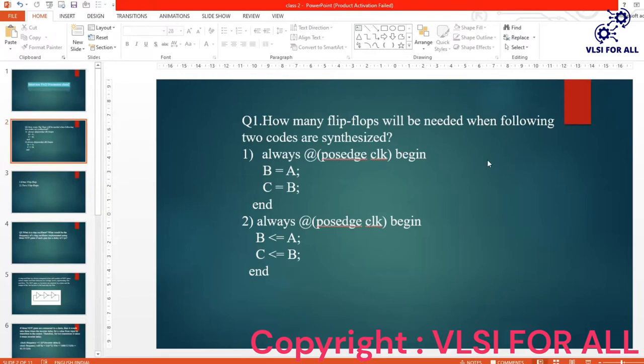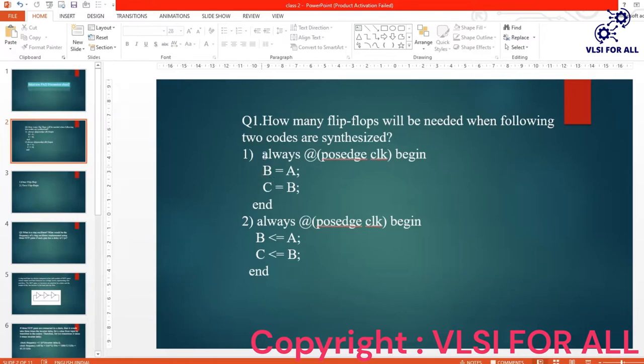Can anyone explain? In blocking, we block the statement, that's why A goes to B. Non-blocking is parallel, concurrent. That's why different flip-flops are required.